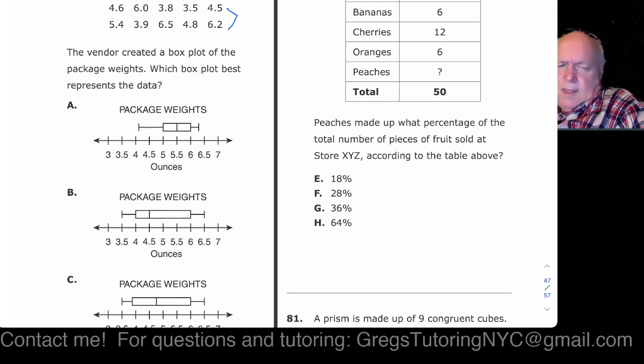To get the min and the max, we have to write this in order. The smallest number is 3.5. We can underline as we don't particularly want to cross them off because we still want to see them. The next numbers are 3.8 and 3.9.